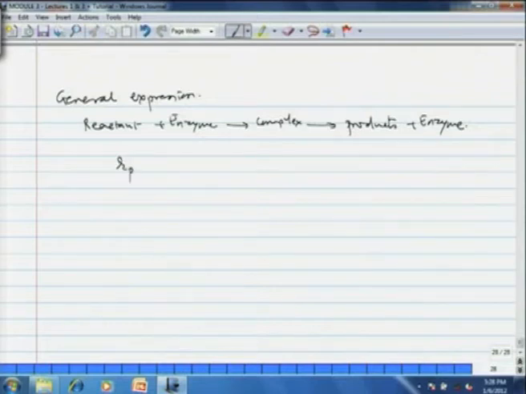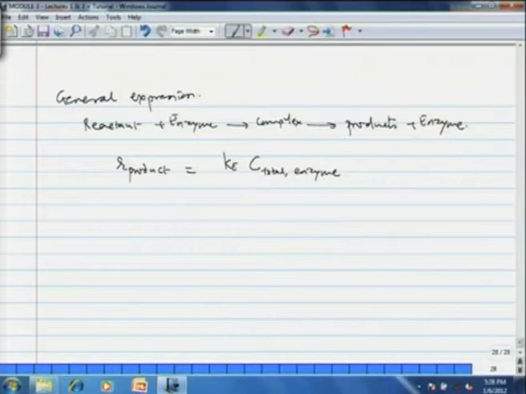The rate in such a case can be typically written as r_product is equal to k_e into C_E total, the total enzyme concentration. Enzyme is regenerated, so enzyme is a catalyst, so we have to consider the total enzyme concentration.